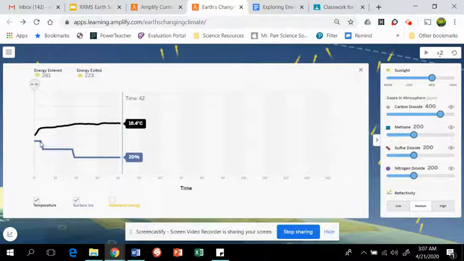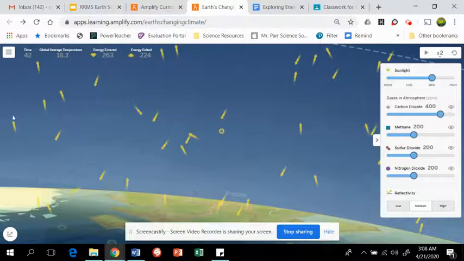The surface ice also decreased. It's at about 20% right now. And the absorbed energy, it increased. Kind of fluctuates, but overall it's been increasing. So definitely carbon dioxide melts ice.